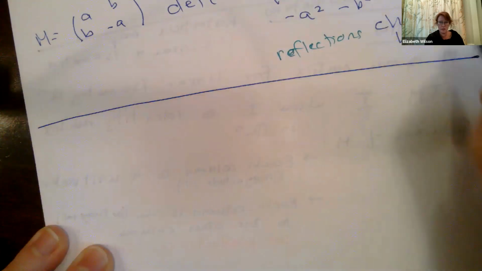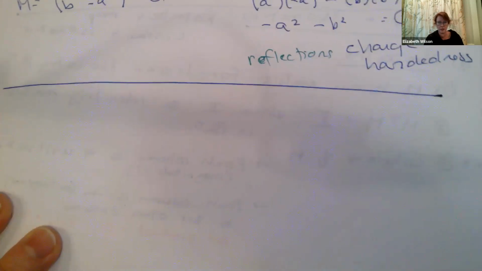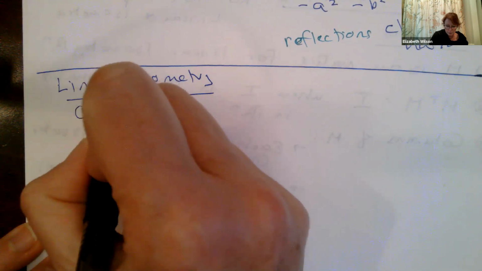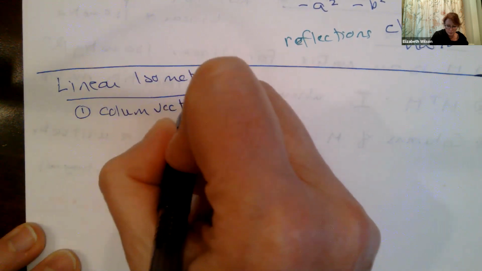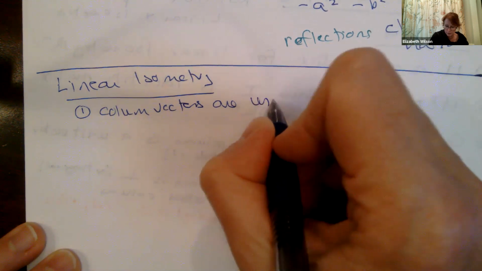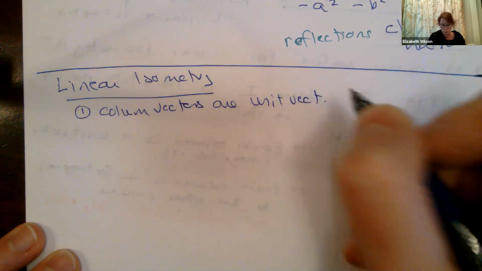I can use the determinants to help me tell what's happening. Okay, so let's see, how can I describe it? To check to see if something is a linear isometry, you have to check if the column vectors are unit vectors, so they have a magnitude equal to 1.